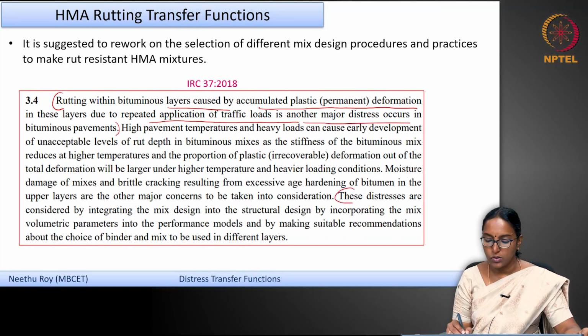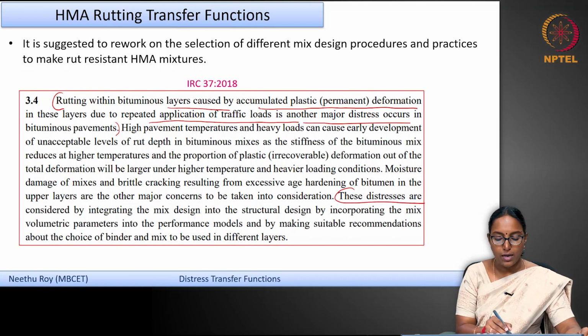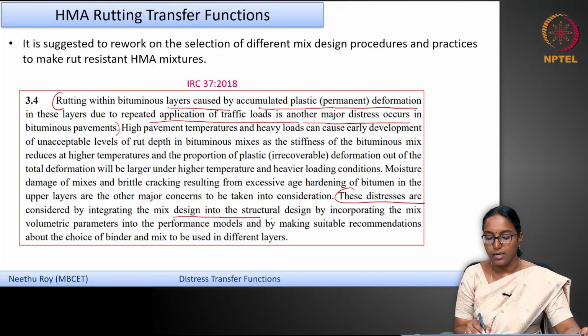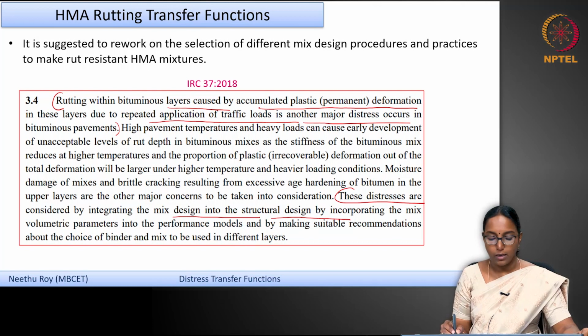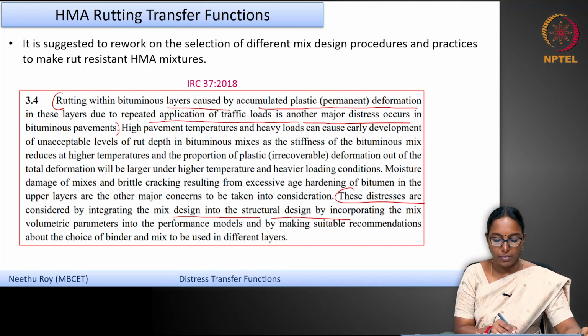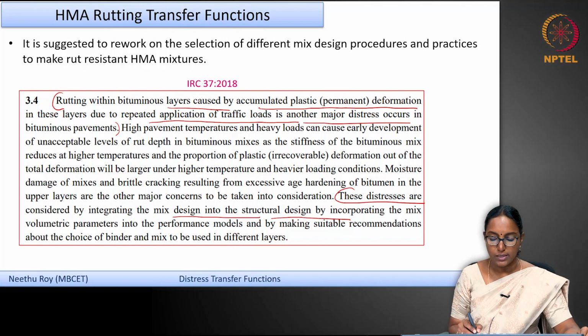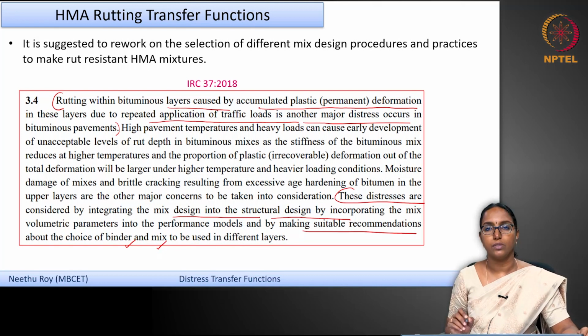But these distresses are considered by integrating the mix design into the structural design, by incorporating the mix volumetric parameters into the performance models and by making suitable recommendations about the choice of the binder and the mix to be used in the different layers.